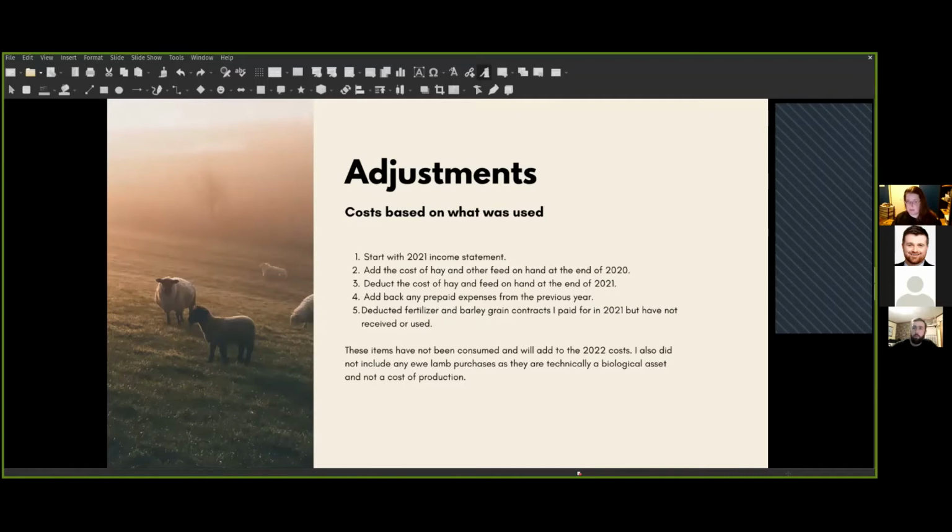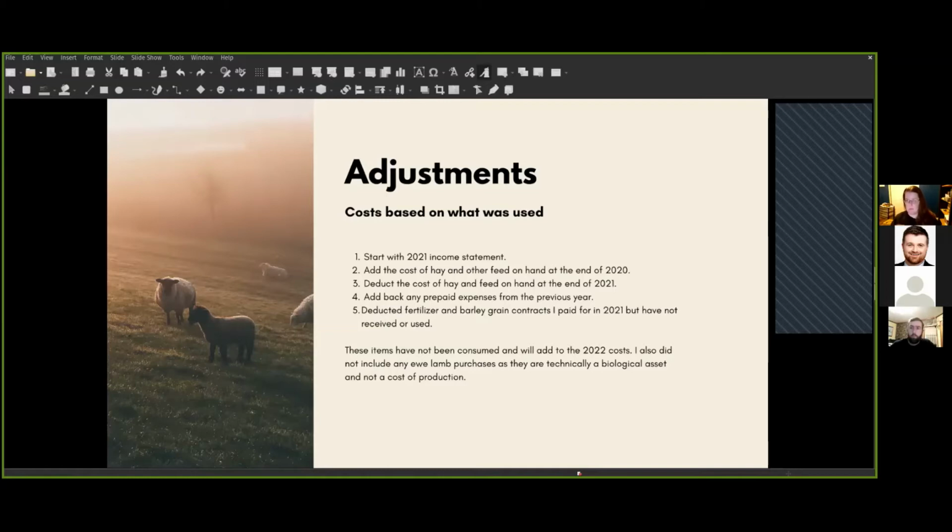And I've deducted the hay because we did purchase some in 2021 as well. Had a good opportunity, took advantage. And we had that hay on hand in December. So I deducted that cost out of the 2021 numbers, as well as some feed that was on hand. And we prepaid a barley contract in the fall.